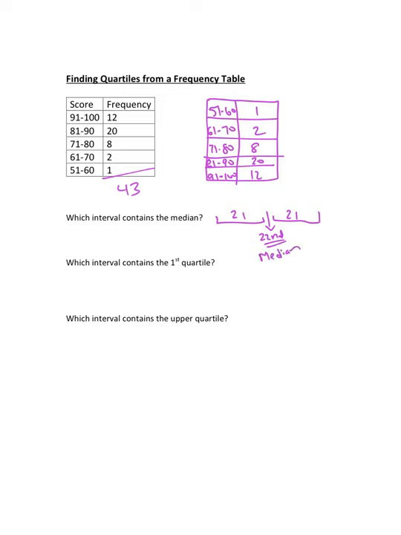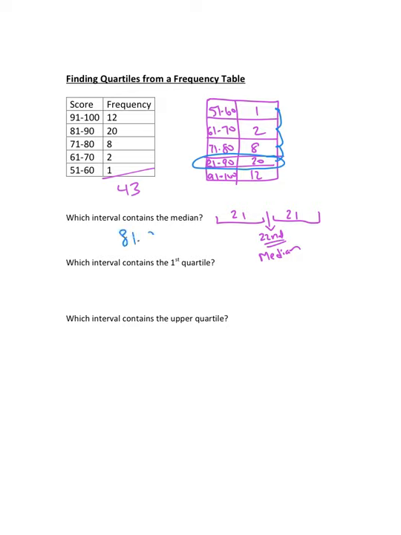So what I do is I count my frequencies, or add up the frequencies, from either end, from the bottom or the top. So I'll start here with the bottom. If I add 1 plus 2, I have 3 people. 3 plus 8 is 11 people. 11 plus 20 takes me past the 22nd person. So the 22nd person is somewhere in this interval of 81 to 90.